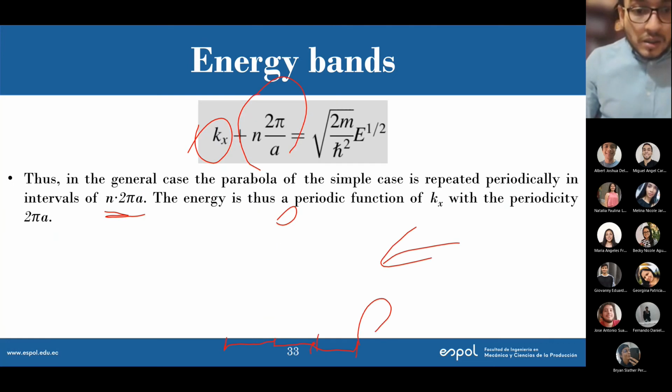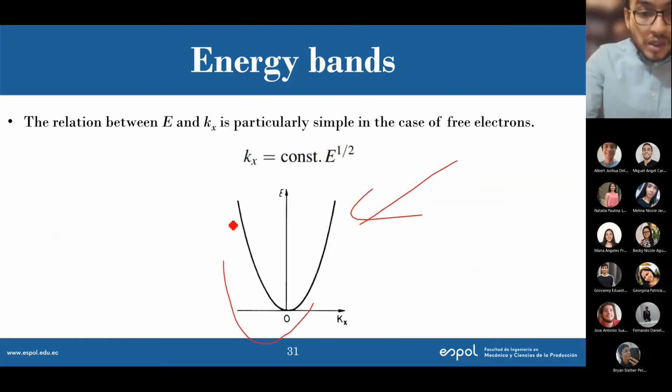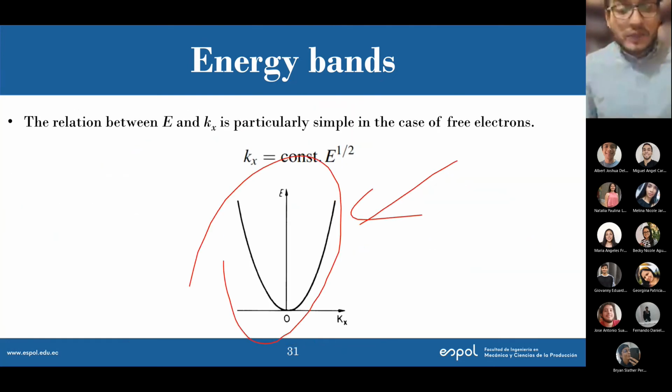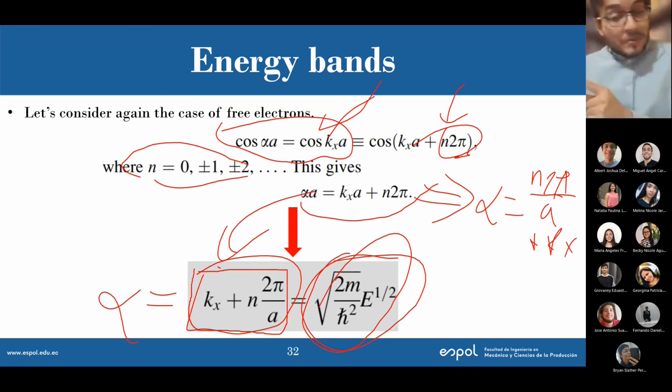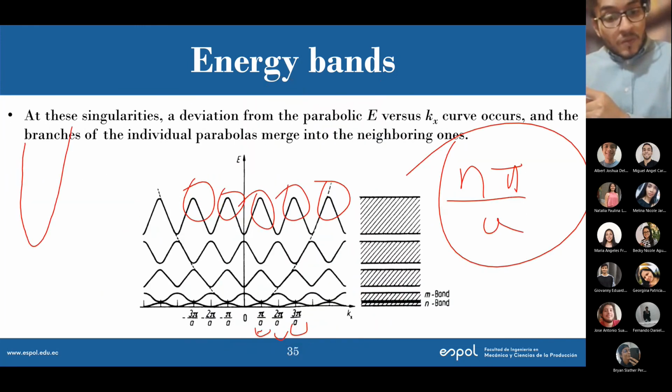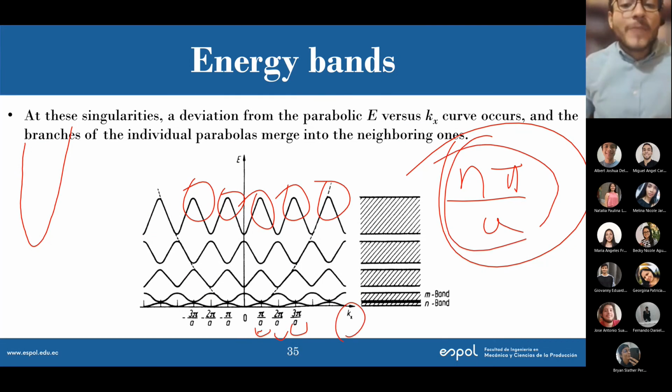This one. With no discontinuities. Except when I have the kx, or the wave vector, approaching n pi over a. Is that clear, guys?